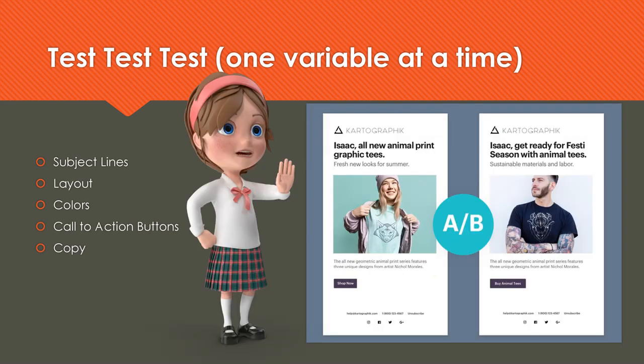Now, this is an example of a no-no. It's a bad test because there's no way to know if the image or the headline made a difference in this test. You might test two different photographs in one test and then two different headlines in another test. Of course, after you've tested all the variables, if you wanted to test to see if different combinations have a different impact, you could.